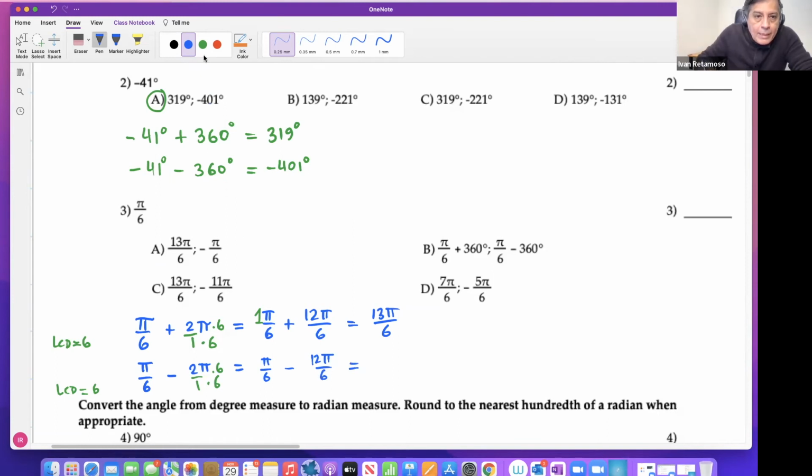If you do the math, 1 minus 12 is minus 11. Remember, you take the difference and the dominant value, 12, determines the sign, all divided by 6. Positive coterminal angle in radians, negative coterminal angle in radians, which is this one, number 3.